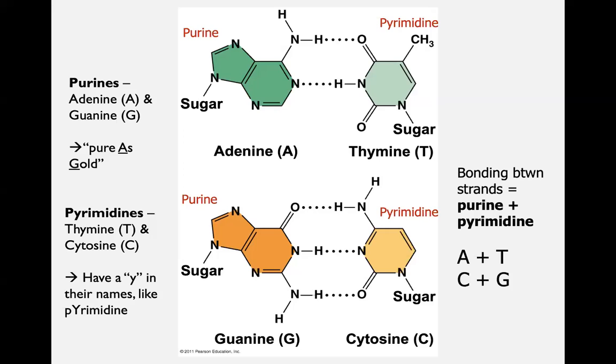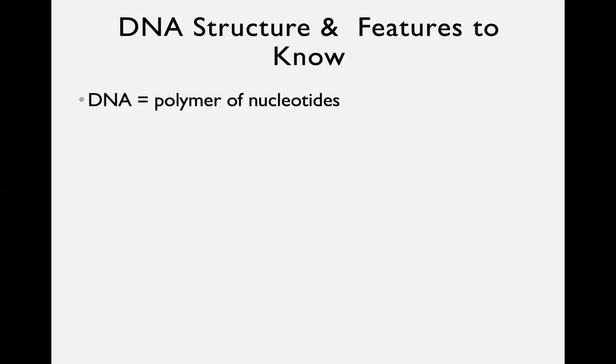All right, so those are the purines, pyrimidines, and then the bonding pattern. And then I have a list here of what I've been through with the DNA structure, a review of the really important aspects of what makes DNA unique and special. So DNA is a polymer of nucleotides.